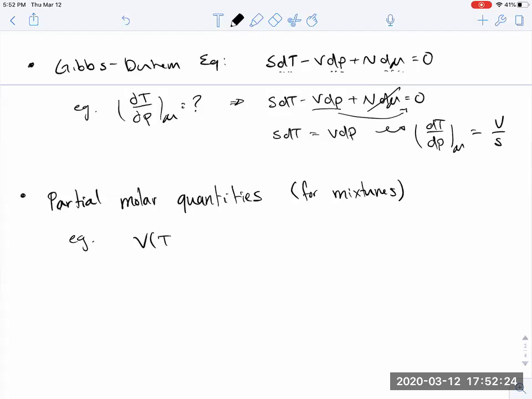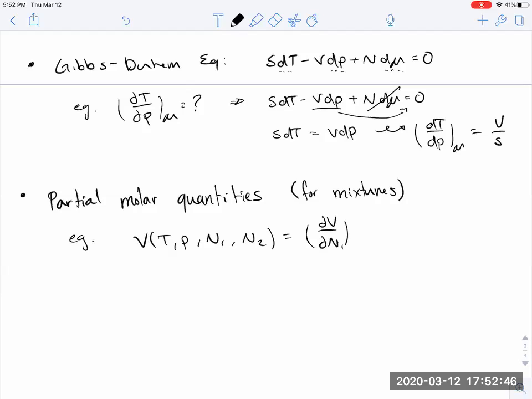If I was to note the volume depends on temperature, pressure, and say how much of two components I have, well, the fact that it's first order homogeneous in N1 and N2 means that I can write the total volume as how the volume changes with N1 at fixed T, P, and N2, times N1, plus how the volume changes with N2 at fixed temperature, pressure, and N1 times N2.